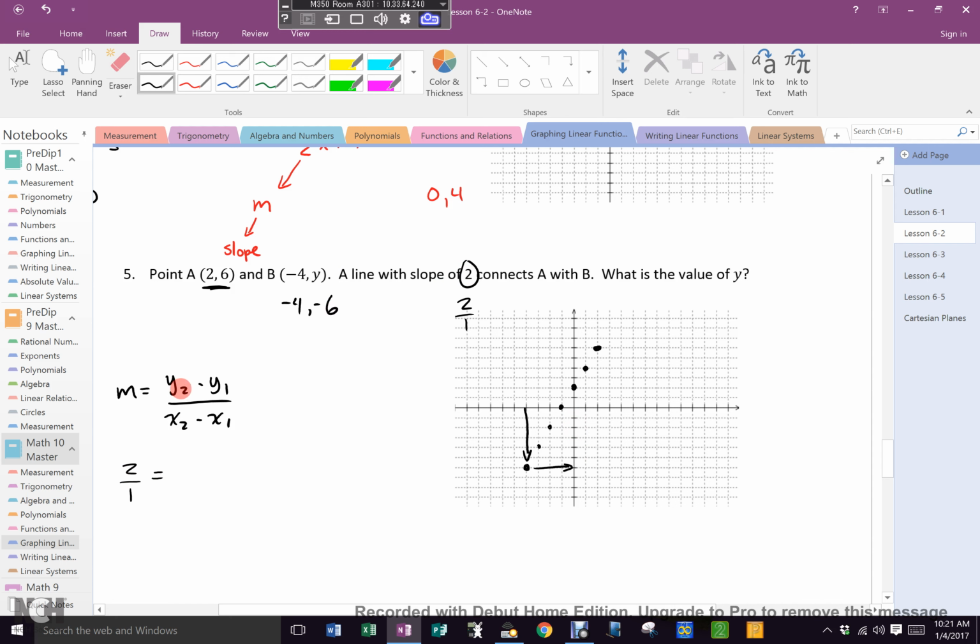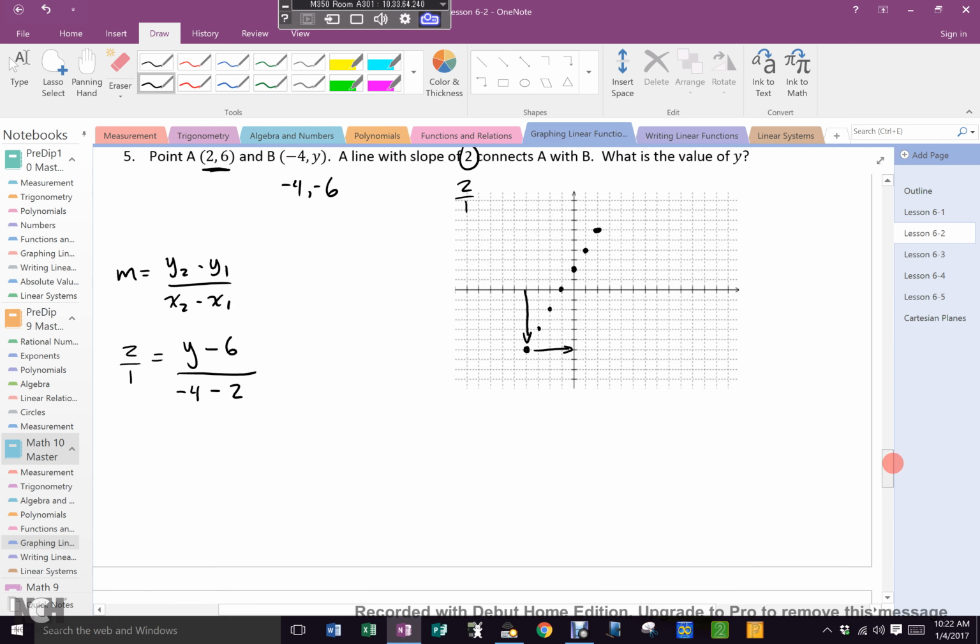What is y2? Y minus what is y1? 6 over what is x2? Negative 4. What is x1? 2.